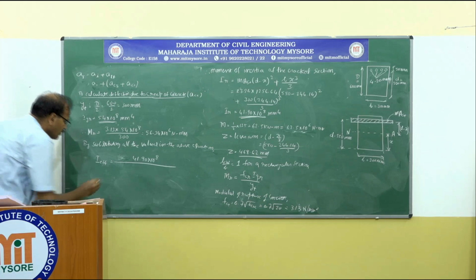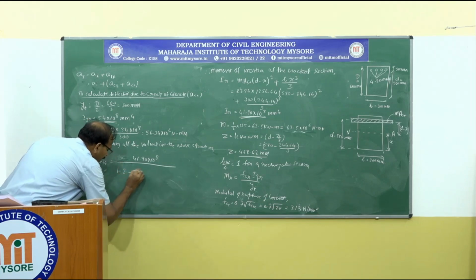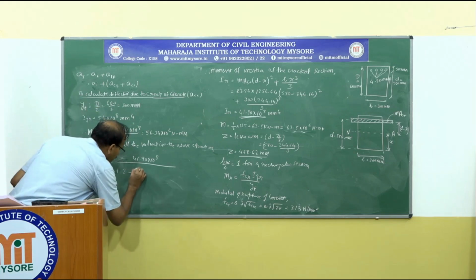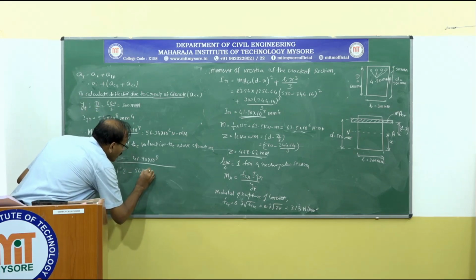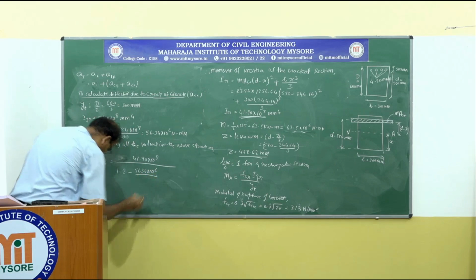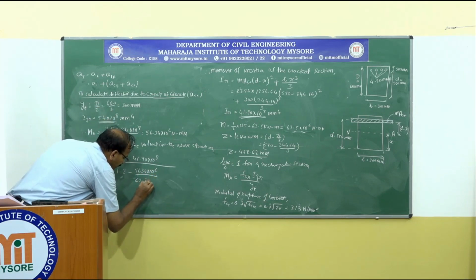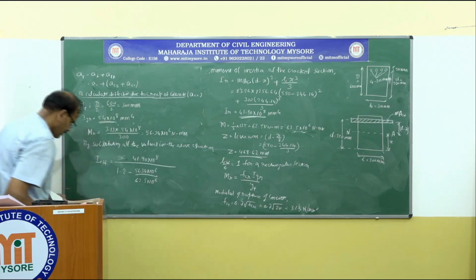Next, 1.2 minus Mr. Mr is 56.34 into 10 to the power of 6, divided by M, which is 62.5 multiplied by 10 to the power of 6.